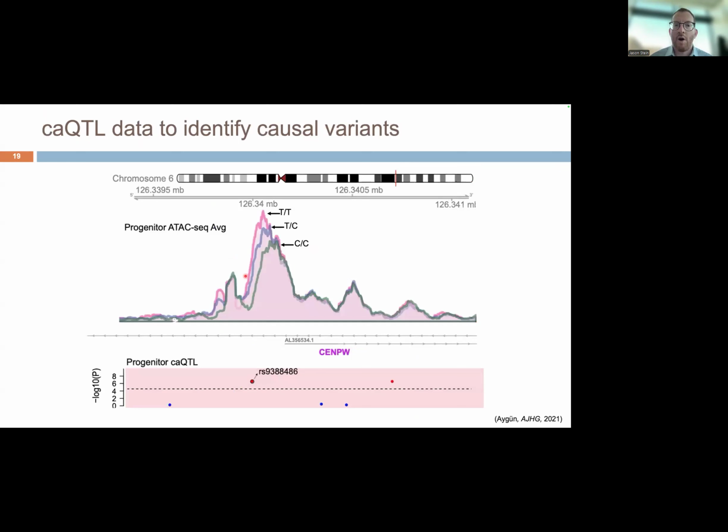We also layered on our caQTL evidence in this region, and we can zoom further into a particular chromatin accessibility peak affected by colocalized genetic variation. Here's that peak showing differences across genotype, and an individual SNP within the complicated LD region that we can suggest as causal, right at the promoter region of CENPW. So using this combination of data, we can identify an individual SNP within an individual cell type that regulates a particular gene, CENPW, associated with differences in cortical surface area.